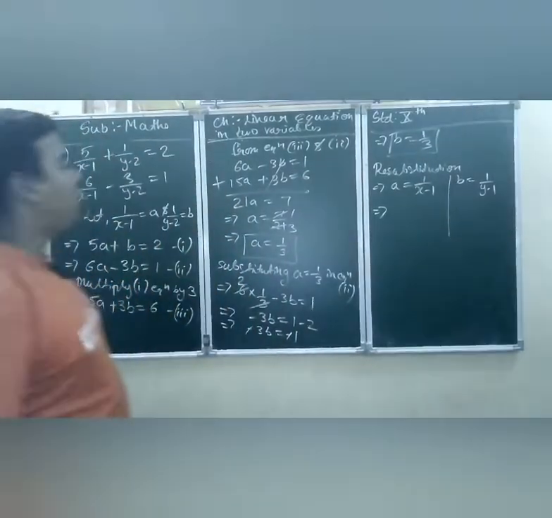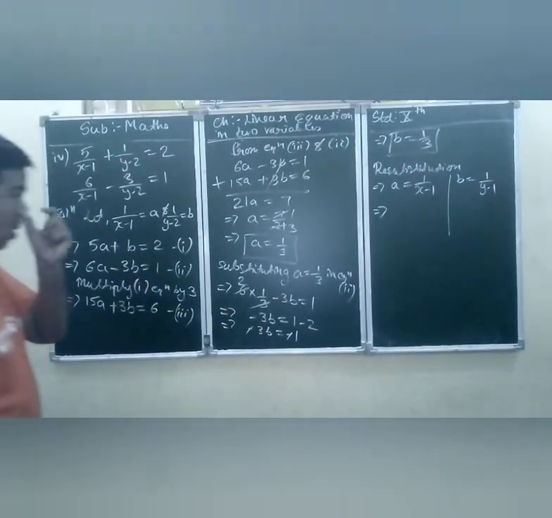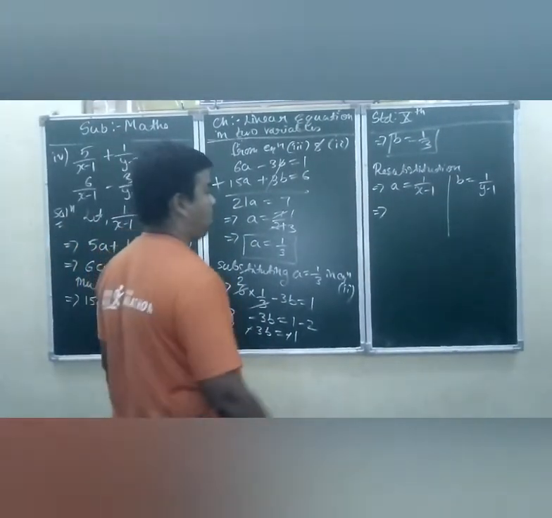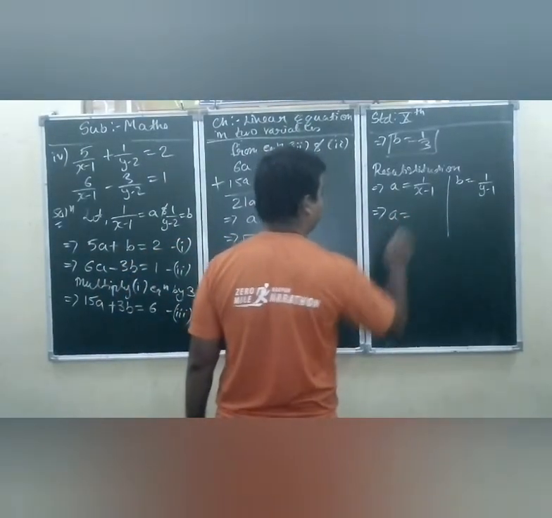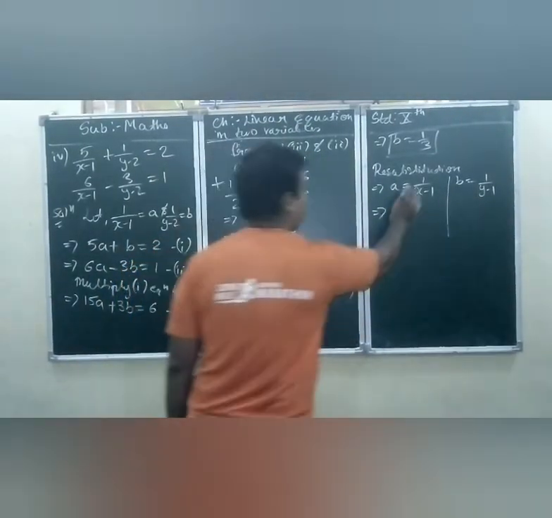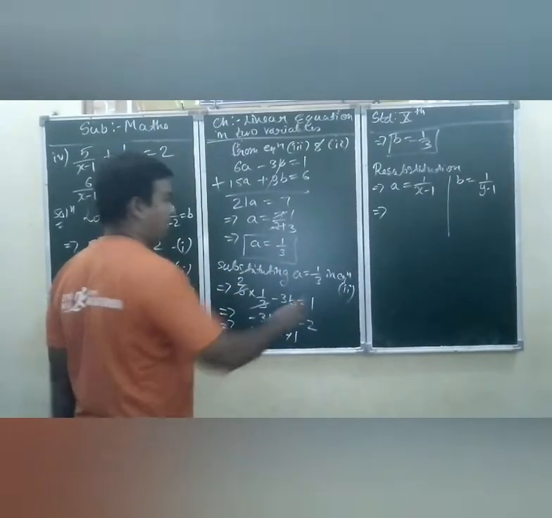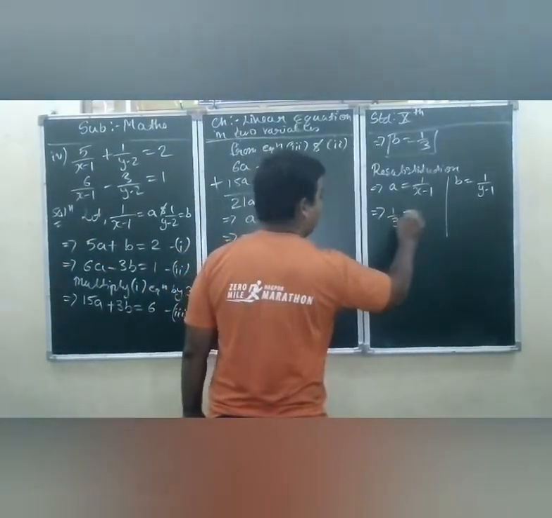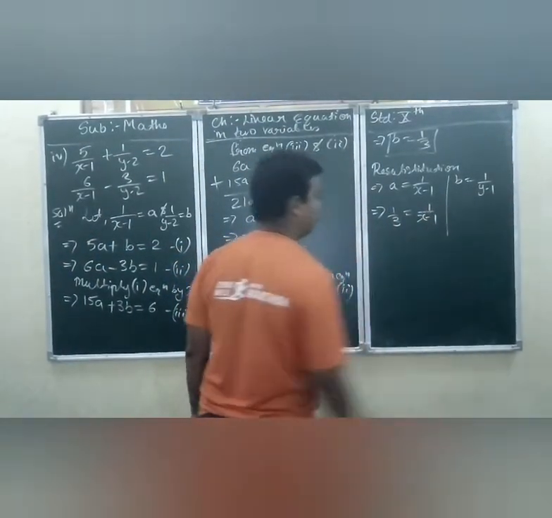Now put the value of a: a value 1 by 3 is equal to 1 by (x-1).